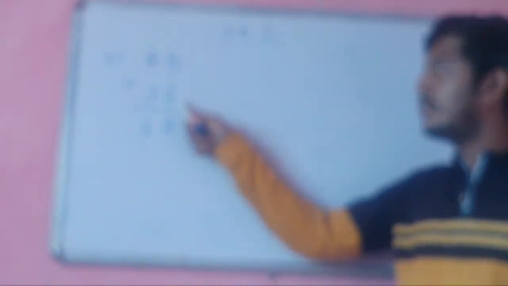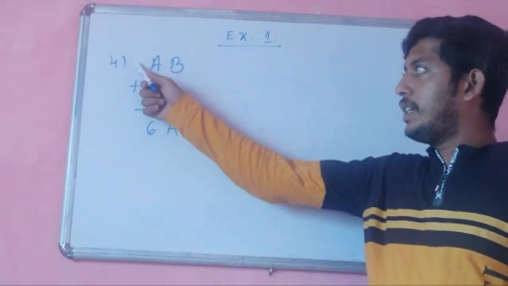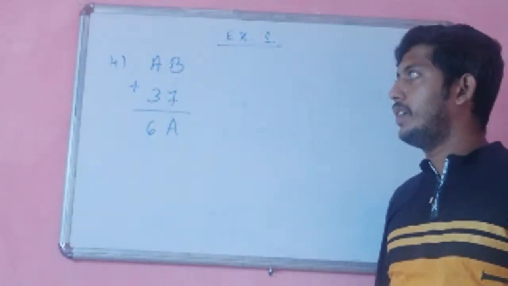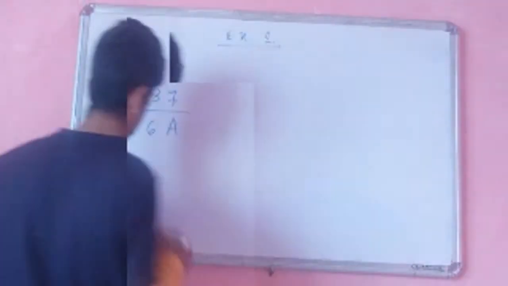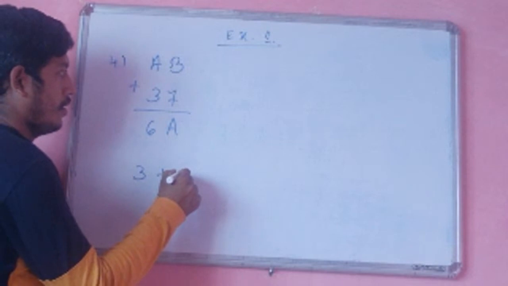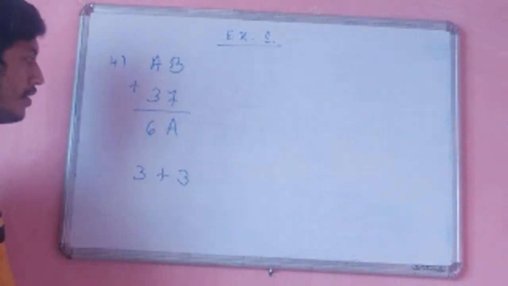First come from the right hand side. For 7, which number do we have to add to get the value A, and the same value we have to substitute. Then that value plus 3 must give 6. For 3, we can add 3, it becomes 6.